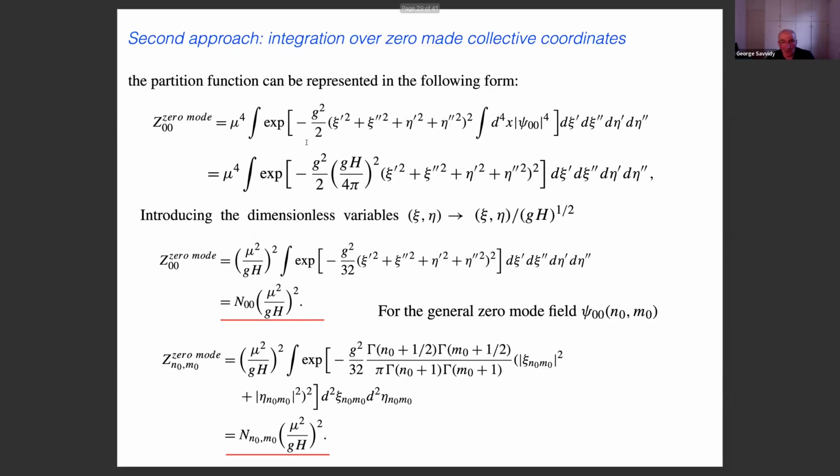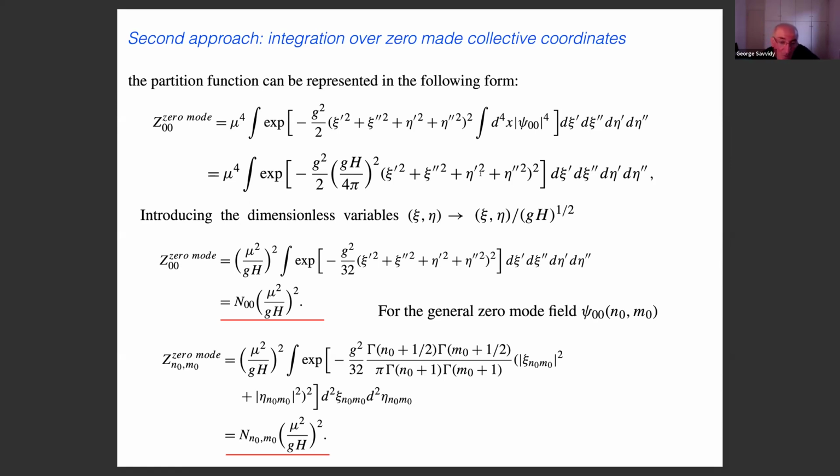So that's the integral. Now the contribution to the path integral of zero modes is, as you see, quartic in amplitudes times this integral. This integral can be calculated, and it is proportional to gh squared, and this is again quartic.